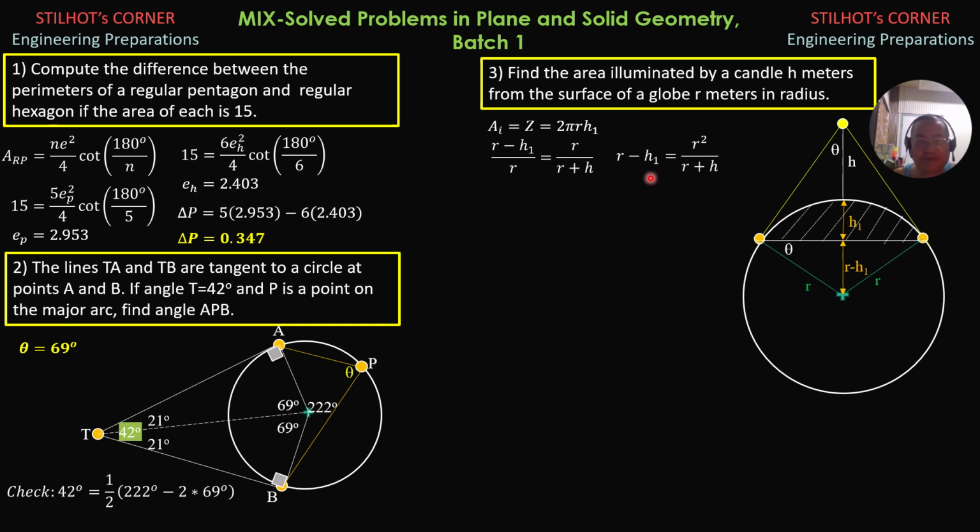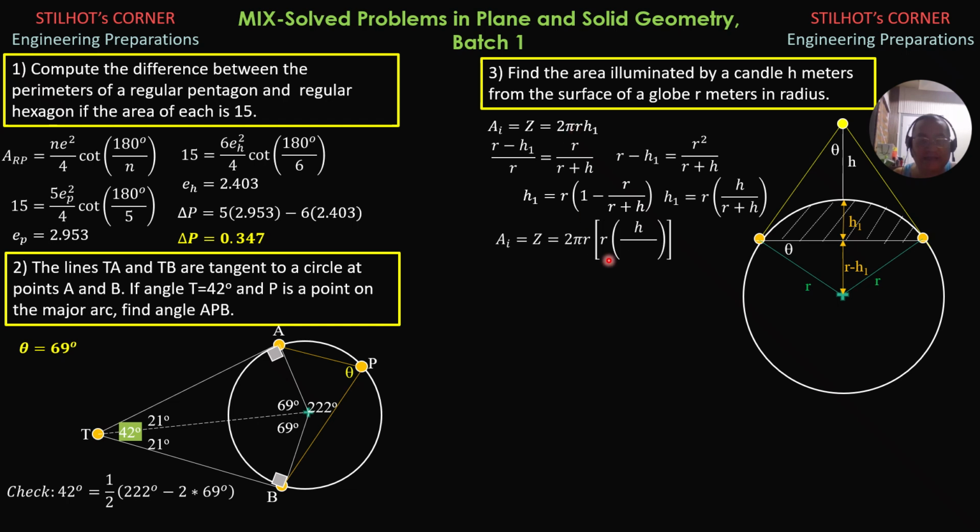Simplifying, h1 is equal to, factoring out r, r times quantity 1 minus r over r plus h. Then we simplify this algebraically. R plus h minus r is h in the numerator, and the denominator is r plus h. So h1 is r times quantity h over r plus h. Then we substitute it into the zone area formula.